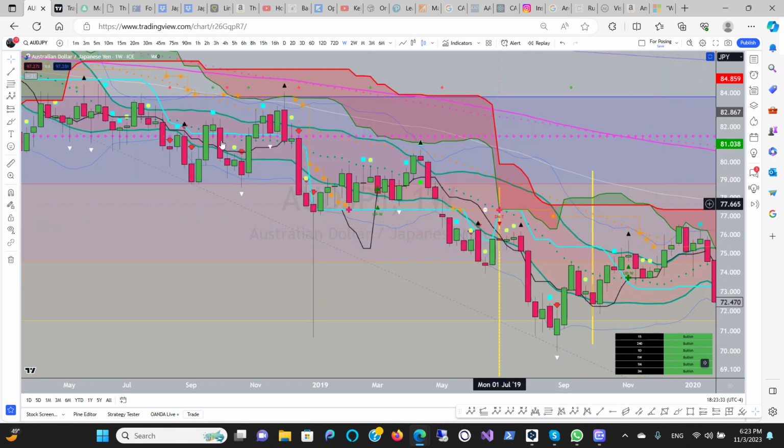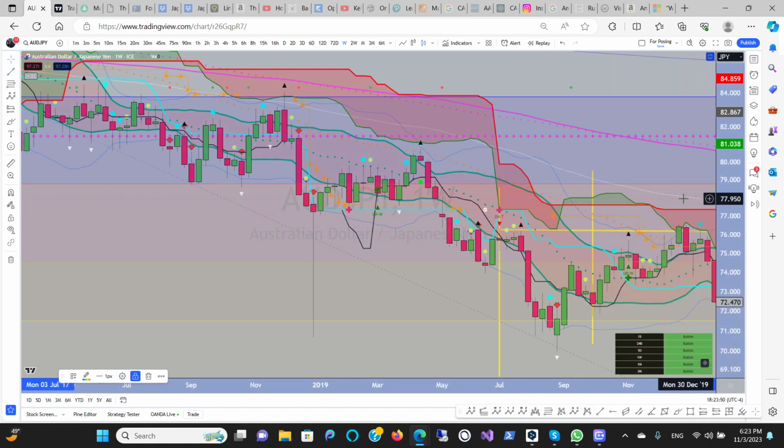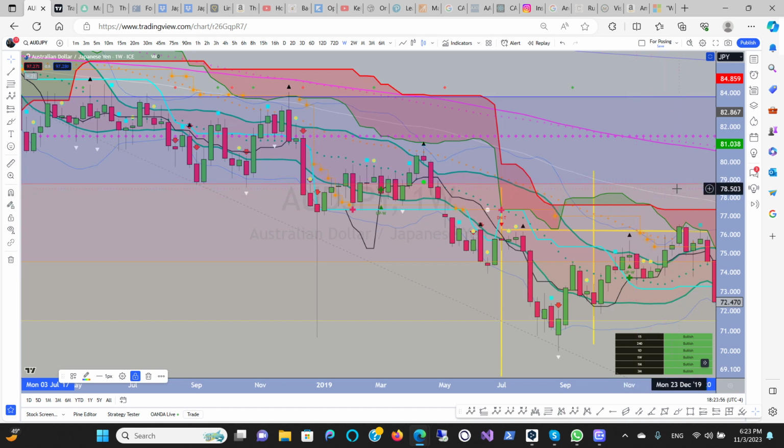It pulled back up here to some resistance and the cloud resistance. Actually, it looks like it made a new high. Right, found resistance here. Made a new high, and then started to fall down after it hit resistance. So this is not a trade, right?